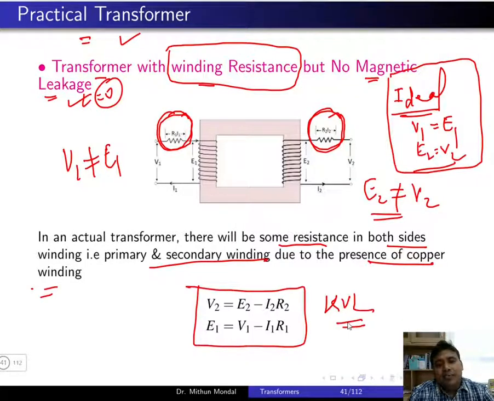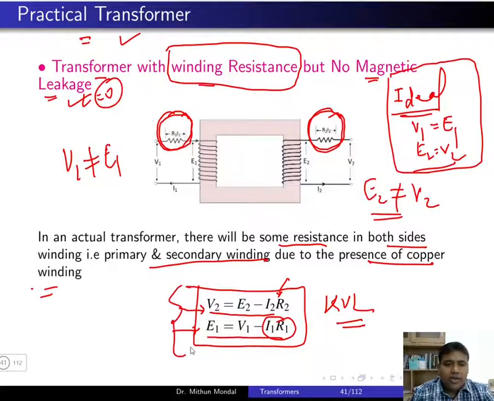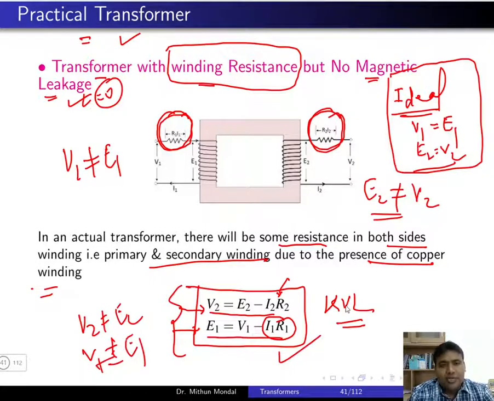On the secondary side, V2 is equal to E2 minus I2 R2, that is the voltage drop in the secondary resistance, and E1 is equal to V1 minus I1 R1, that is the drop in the primary winding. So these two equations lead to V2 not equal to E2 and V1 not equal to E1, and there will be a drop in the transformer due to the resistance.